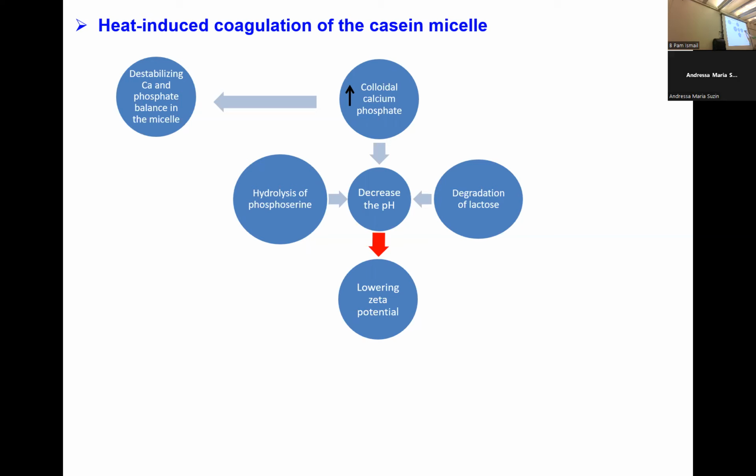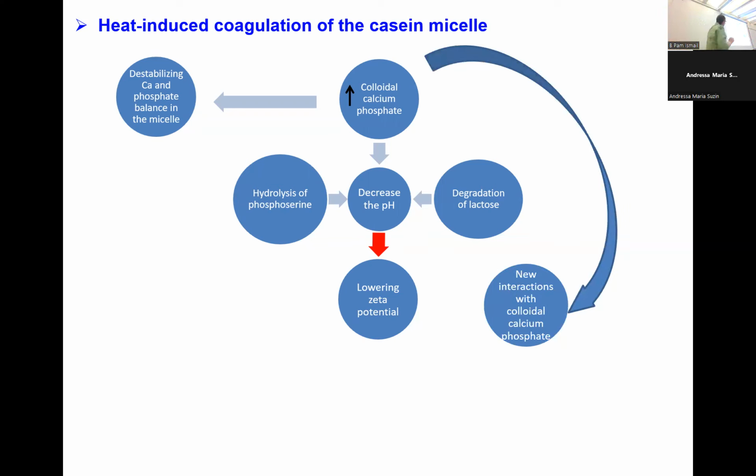Degradation of lactose also causes a decrease in pH. Dephosphorylation causes a decrease in pH, and as we get the decrease in pH, we get reduced zeta potential, so the net negative charge will be lower as we come close to the isoelectric point of the casein.